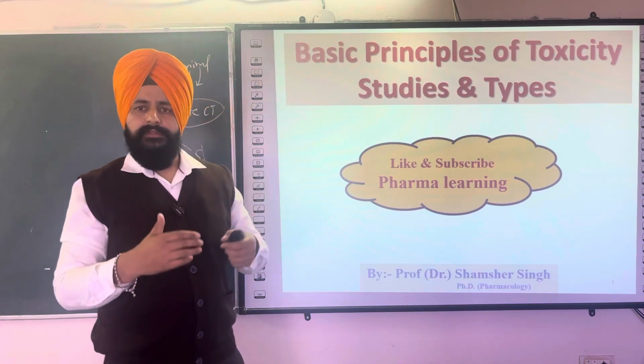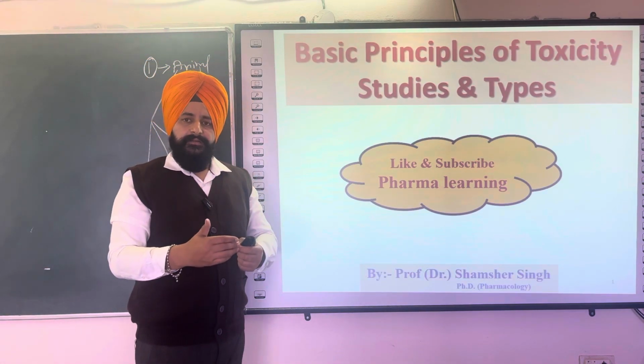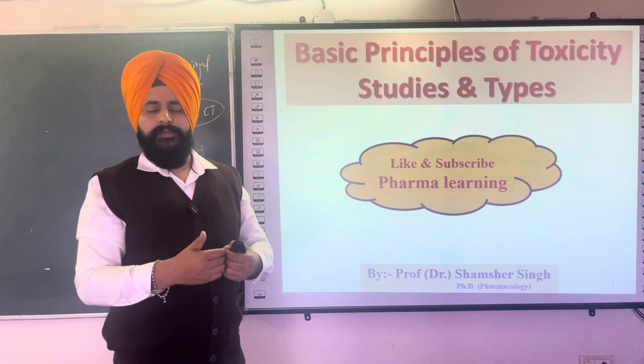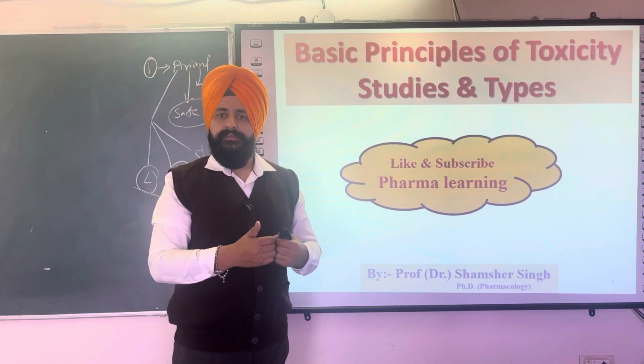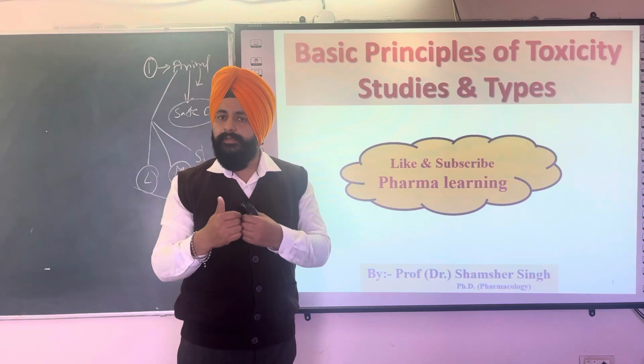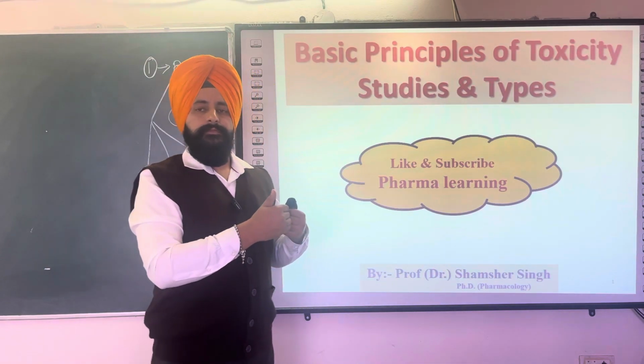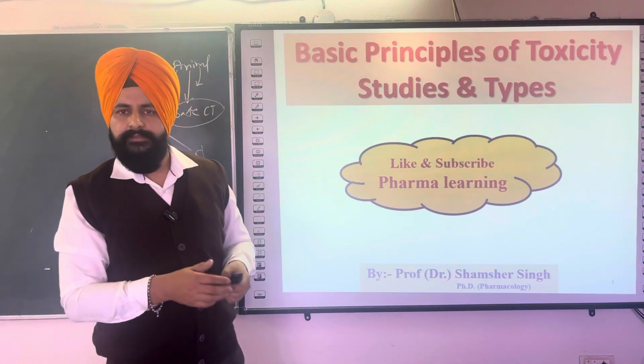So if the drug is first exposed to the animal, the chances of adverse effects on the human being will be less, and we will generate safe data about the drug.